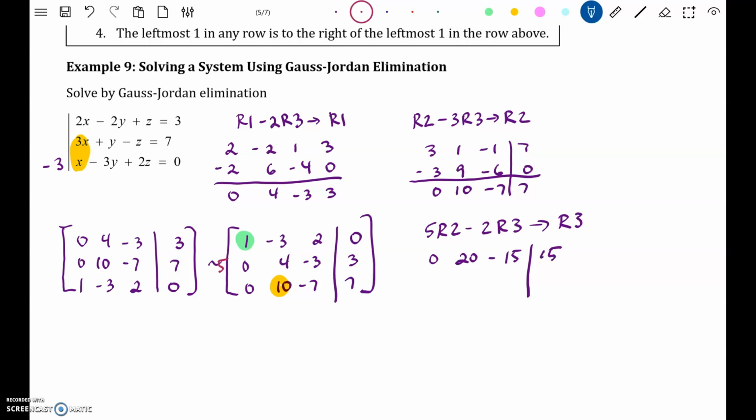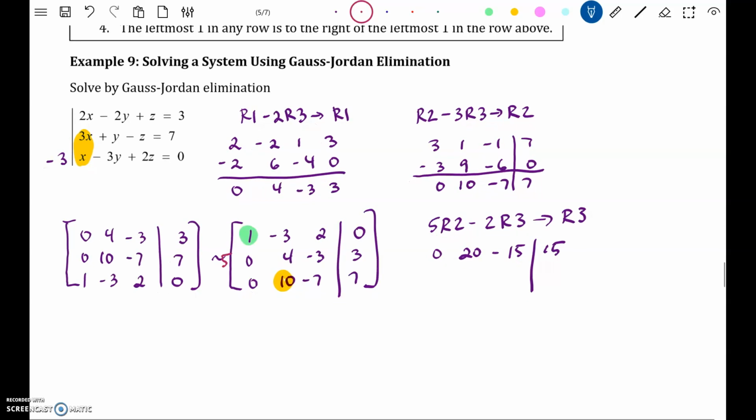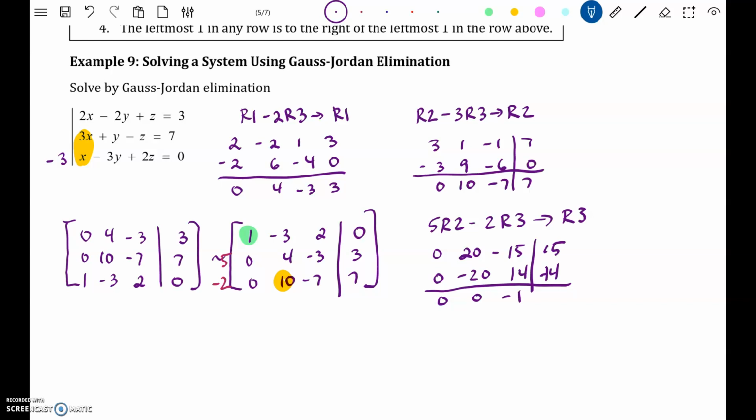And for row 3 I want to go minus 2, so that will be 0, negative 20, 14 and negative 14. The result is 0, 0, negative 1, 1.